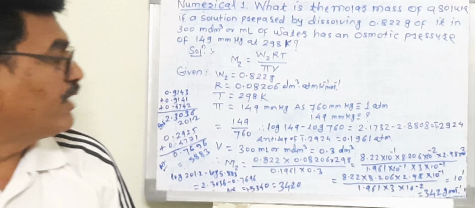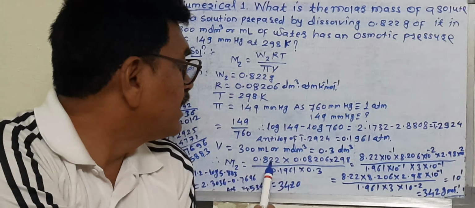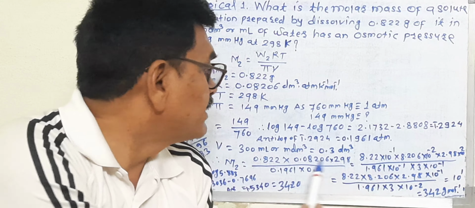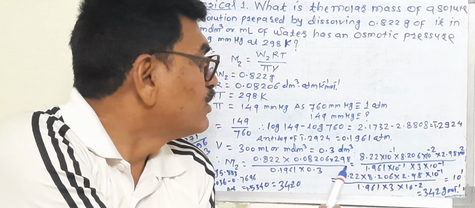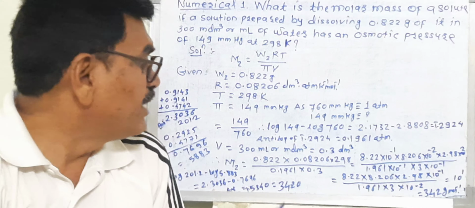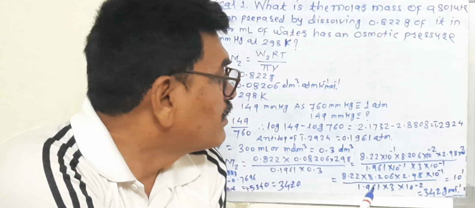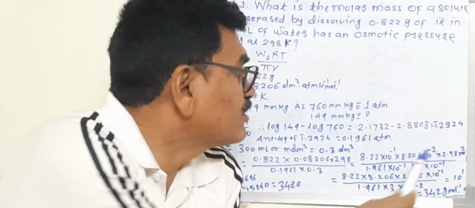Then I have converted this into the form of powers. So this can be written 8.22 into 10 to the power minus 1. Similarly, 8.206 into 10 to the power minus 2, 2.98 into 10 to the power 2, 0.1961 as 1.961 into 10 to the power minus 1, and similarly 3 into 10 to the power minus 1.